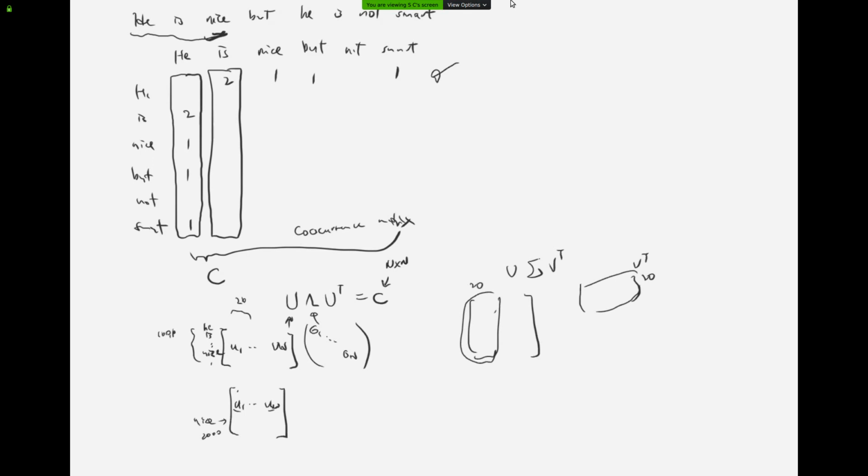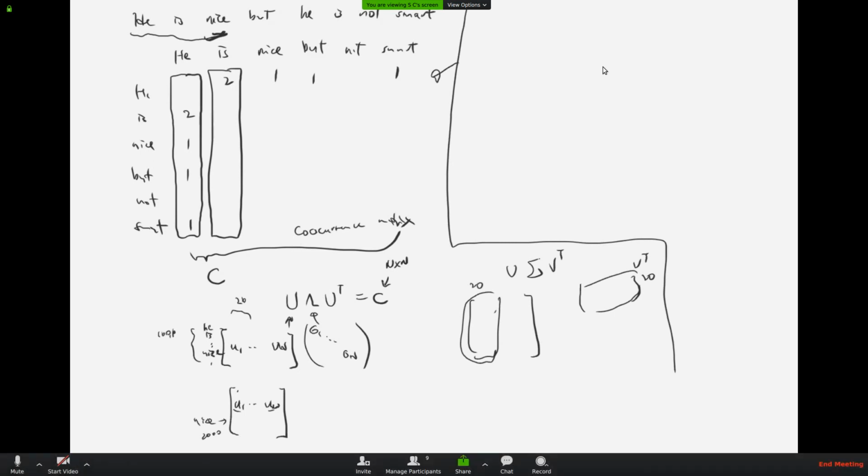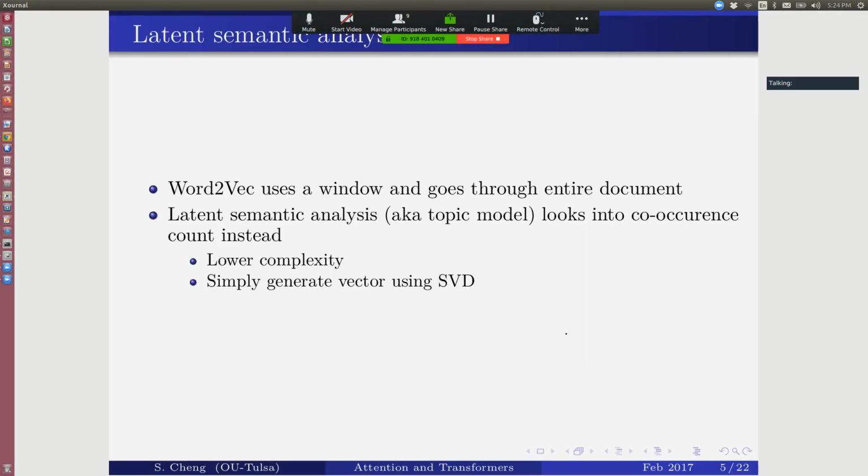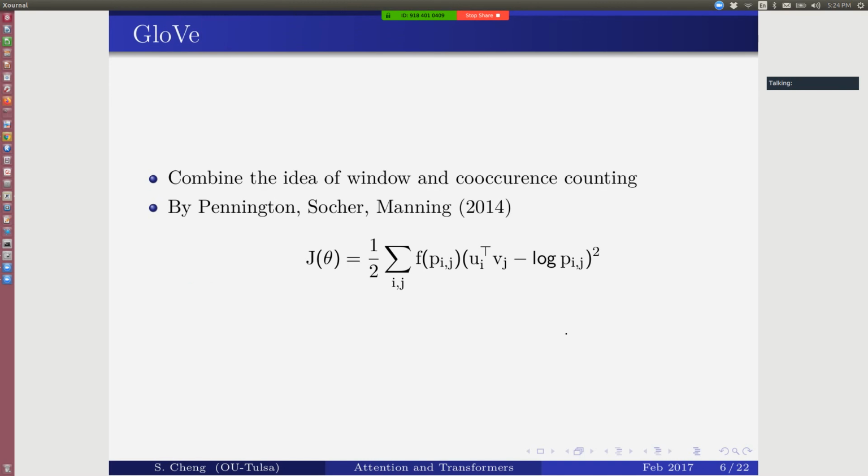I mentioned this because I'd like to introduce an approach that is quite famous in terms of word embedding.